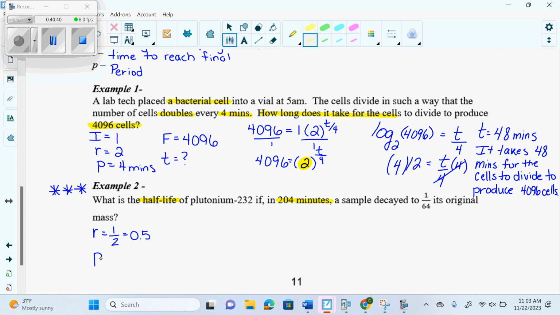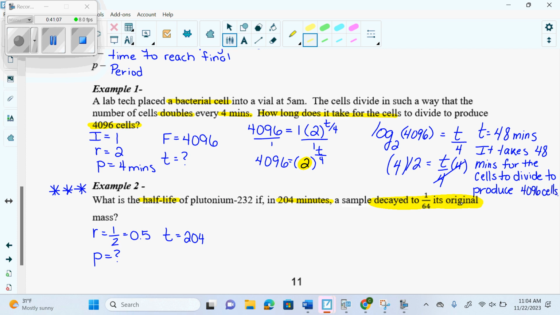So it's asking for P. If the question contains half-life, doubling or tripling, it's asking for P. What is the half-life? So how long does it take to have 204? That is what? P. Now it says that it decays to 1/64th its original. That's not F technically.